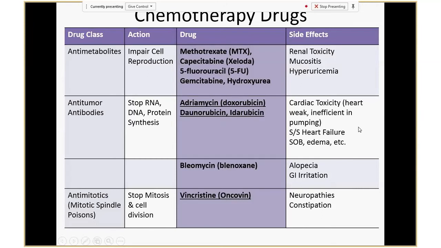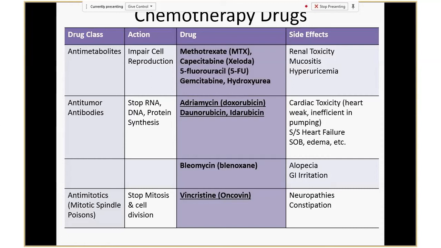Chemotherapy drugs used for cancer patients. I am concerned about the side effects of these chemotherapy drugs, but in general, a nurse has to become certified to be a chemotherapy nurse. I'm not saying that you're not going to come across a couple of these medications on the NCLEX, because you might, but I think what they stress on the NCLEX is the top things that you're going to do for nursing care with these.